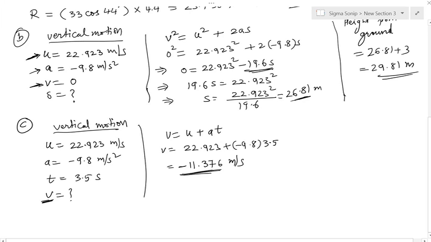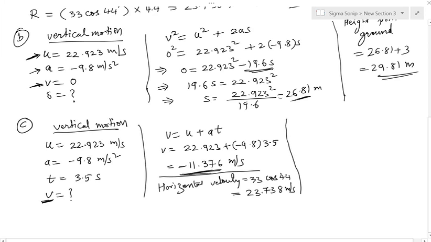Now this is the vertical one, and the horizontal velocity we already know. Horizontal velocity is equal to 33 cos 44, which is basically 23.738 meters per second.